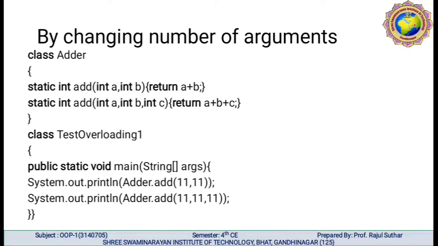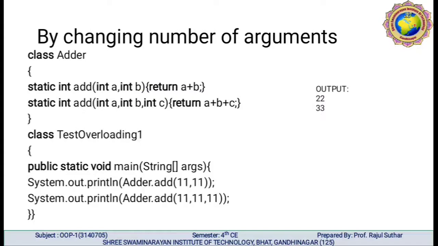System.out.println(Adder.add(...)) with whatever numbers. Here you can use any number, like instead of 11 you can use 3 plus 5 or any integer number, because we declared the addition variables as integer. System.out.println(Adder.add) with 3 arguments: int a, int b and int c, first value is 11, second is 11 and third 11.